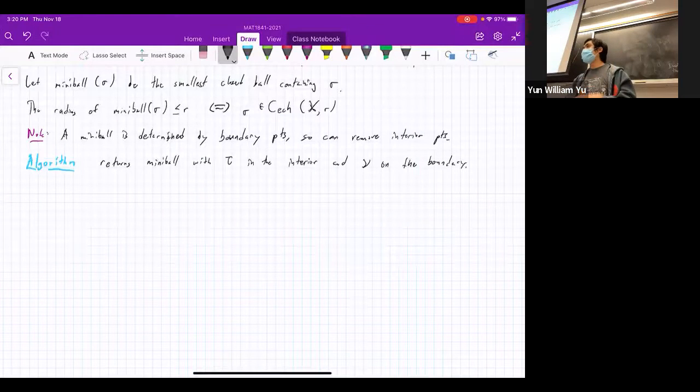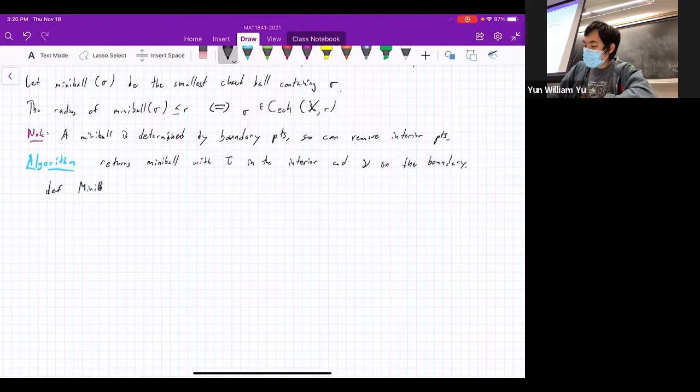We're going to use this algorithm to constantly move points from the boundary to the interior, so we don't have to worry about them. Once you have a small enough set of points, it'll be easy to directly compute the ball. So let's define the mini ball of tau and nu.